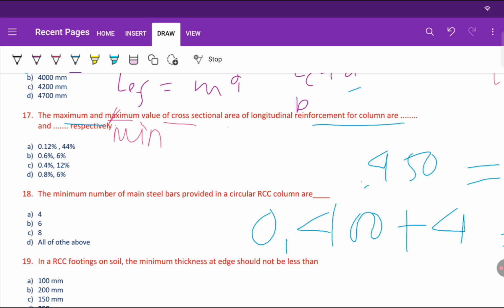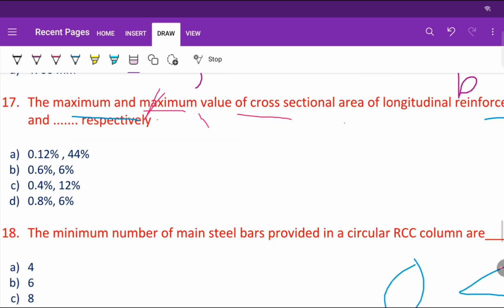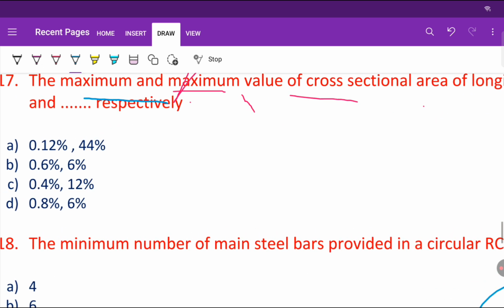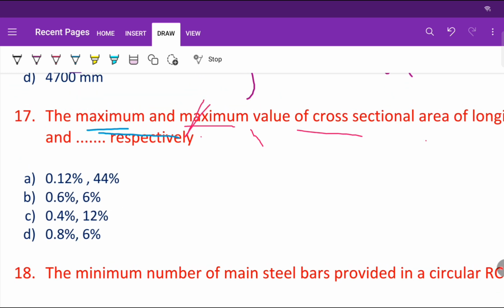The minimum is 0.8% and the maximum is 6%. So the first one is minimum and the second one is maximum.